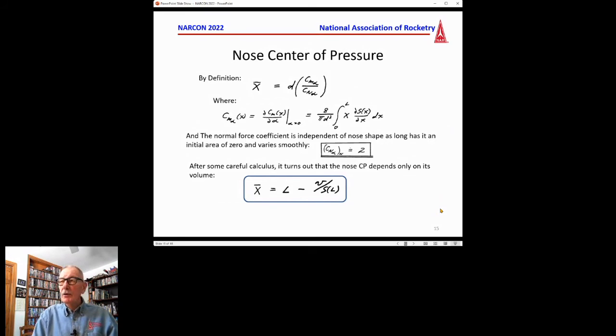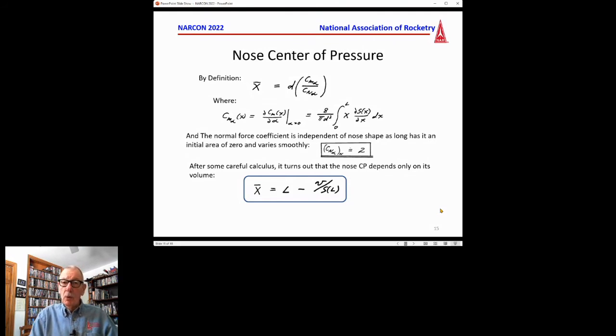And those aerodynamic coefficients, they're called aerodynamic coefficients, actually take into account the velocity and the density of the air. Essentially, they are the force divided by the dynamic pressure, which is a function of the density of the air and the velocity of the air over the rocket.